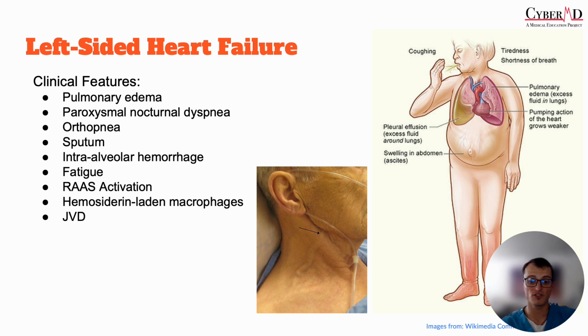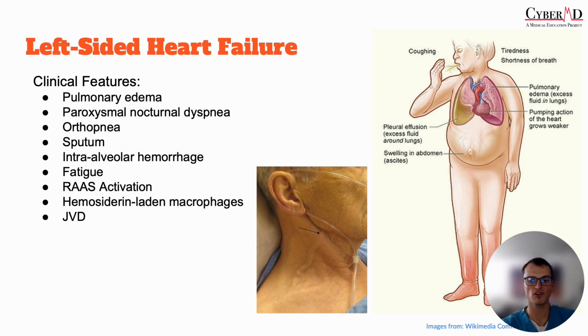The kidneys will also sense this decrease in perfusion, and they'll activate the renin-angiotensin-aldosterone system. Now, when that system gets activated, it results in more fluid retention, which only worsens the heart failure. It exacerbates the heart failure symptoms.